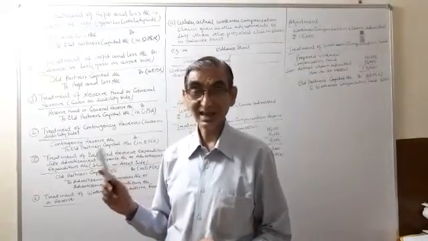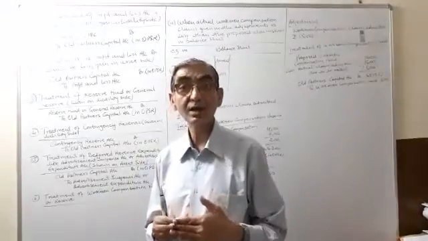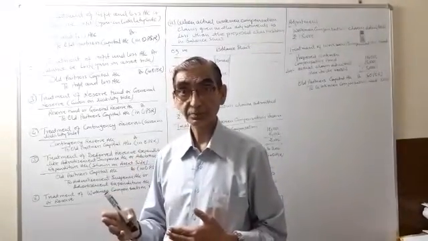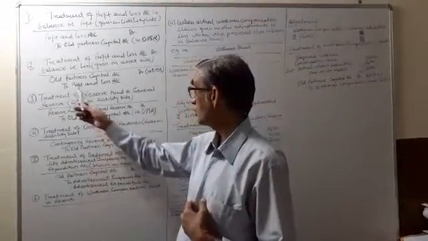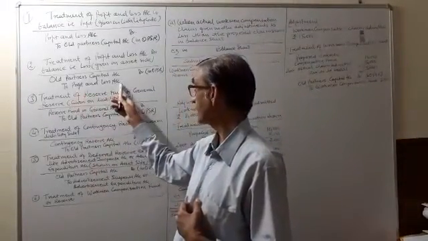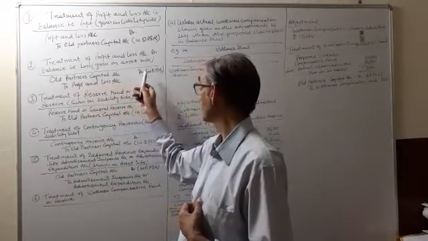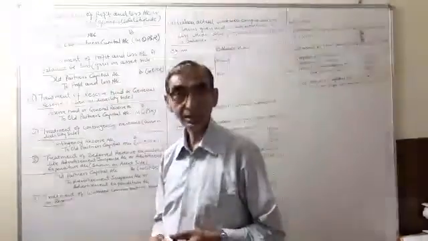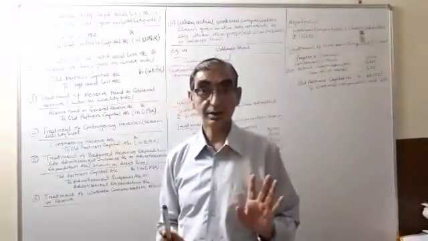The balances are debit balances. If we want to reduce the debit balance, what we will do? We will credit it. It's clear? So profit and loss account will be credited and old partners capital account will be debited in old profit sharing ratio. It's clear? Again, old profit sharing ratio, not the sacrificing ratio.